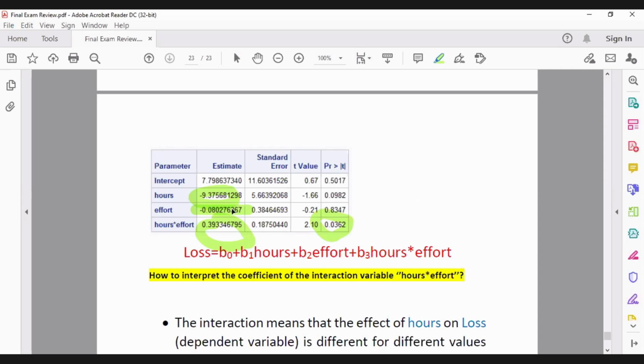And this one is the unique effect of efforts when hours is equal to 0. So generally speaking, this is the partial effect of hours on loss. This is the partial effect of efforts on loss. And this is the combination effect of hours and efforts on loss.